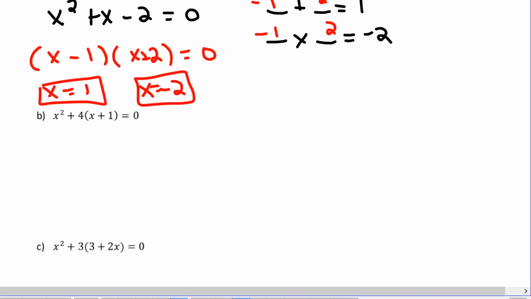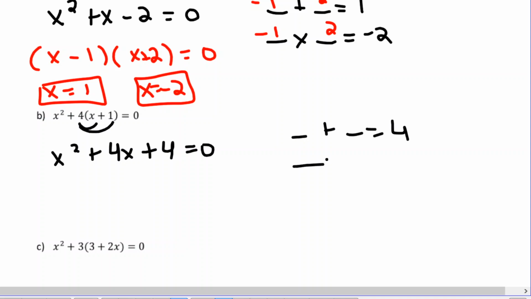Same thing with this next example. So I need to expand these brackets. I need to get this in standard form first because it's not fully factored. That x squared is kicking around out there. X squared plus 4x plus 4 equals 0. Now we can factor. We can say what adds to 4, what multiplies also to 4. We're going to get a 2 and a 2.